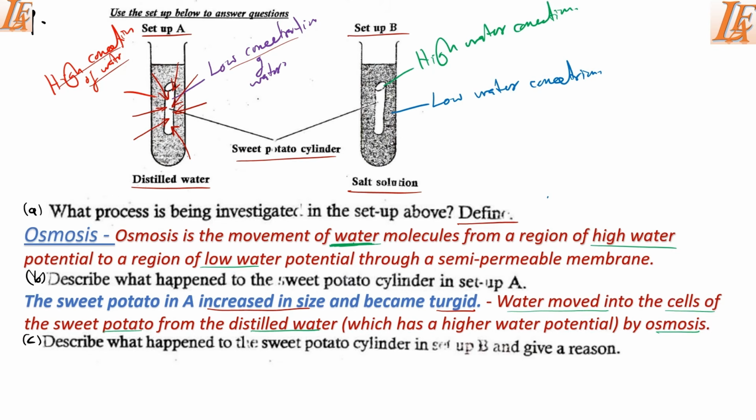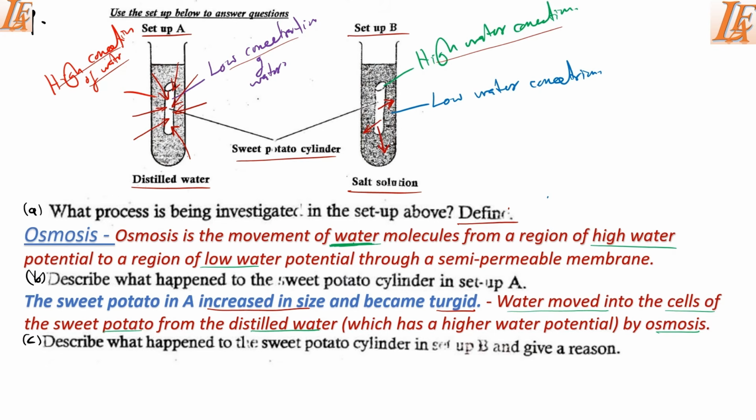Then the third question, describe what happens to the sweet potato cylinder in setup B, and give a reason. So you can see in setup B, if this process is osmosis, we have a high water concentration inside the cylinder and we have a low water concentration in the solution. Therefore, since osmosis is the movement of water molecules from a region of high water concentration to a region of low water concentration, the water molecules are going to move from inside the cylinder into the solution.